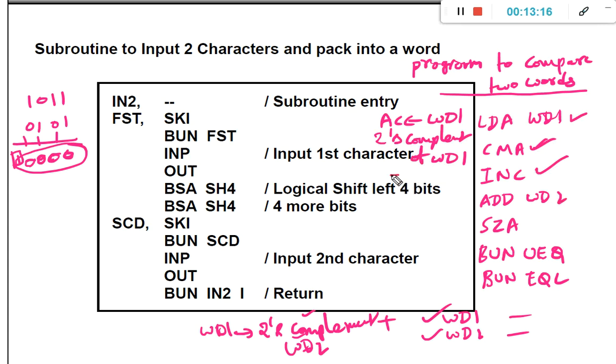So, add the content of word 2 to the 2's complement of word 1. Then, if the result is 0, branch unconditional to equal. What does it mean? Both word 1 as well as word 2 are equal. If the result is not 0, then branch unconditional to unequal. If the result is not 0, it means both are not equal. Like this we can write a program in assembly code to compare two words.